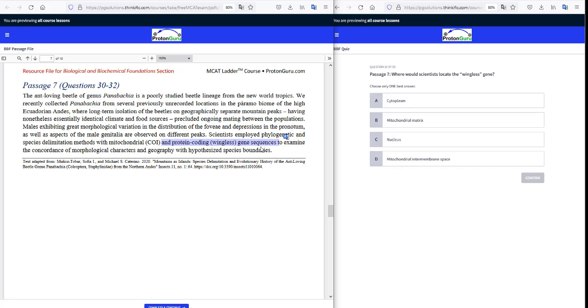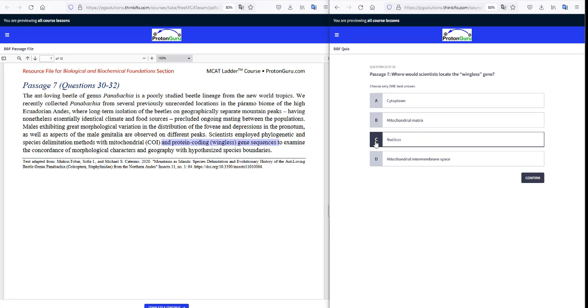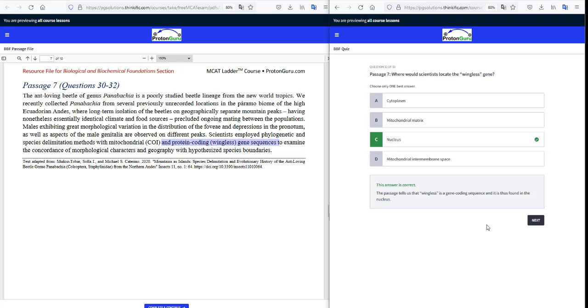And the fact that it is a protein coding gene really tips us off to where we would find this gene in the system. So cytoplasm, mitochondrial matrix, nucleus, or mitochondrial intermembrane space. If this is a protein coding gene, this would be located in the nucleus. Pretty straightforward to pick that one.